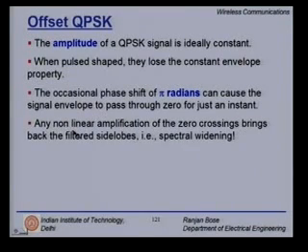Now, any non-linear amplification of the 0 crossings brings back the filtered side lobes. If you remember in the previous slides, once you do a raised cosine filtering, you eliminate the side lobes and shrink the main lobe.